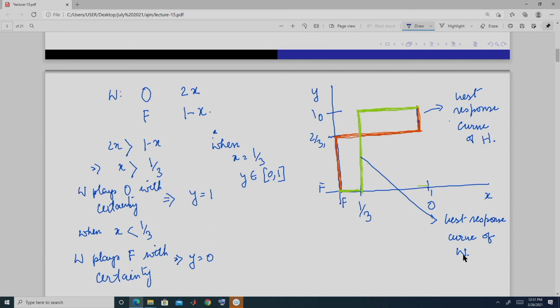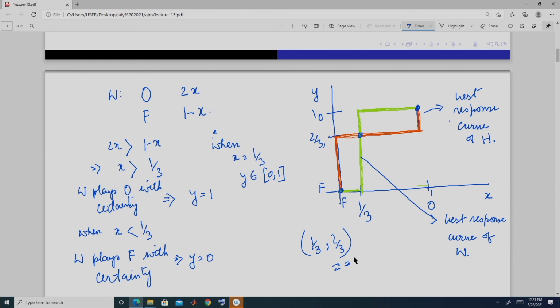Okay? And here you will see that these two curves intersect at 3 points: at this point, at this point, and at this point. Okay? This point is FF, this point is OO, and this point is when x takes the value 1/3, y takes the value 2/3. So, this is the mixed strategy Nash equilibrium.